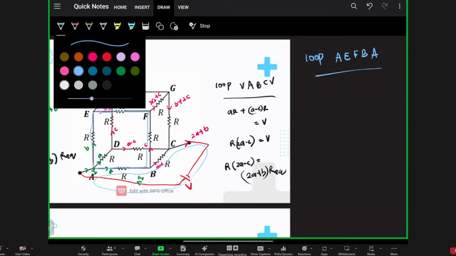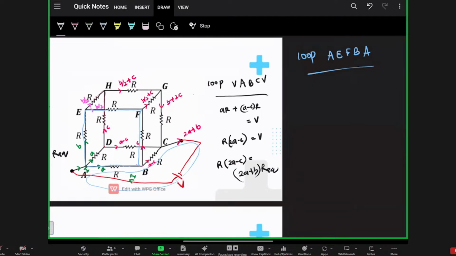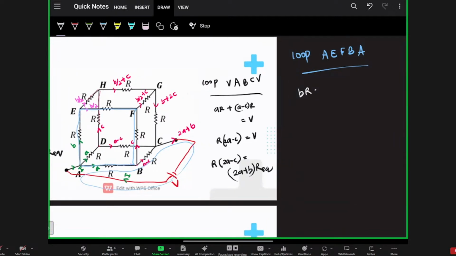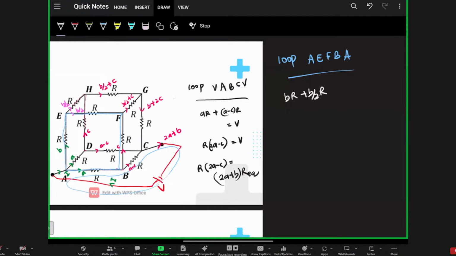From this loop, I can write the A to E B R drop and the E to F B by 2 R drop. Then F to B is against, so I am writing the opposite side.